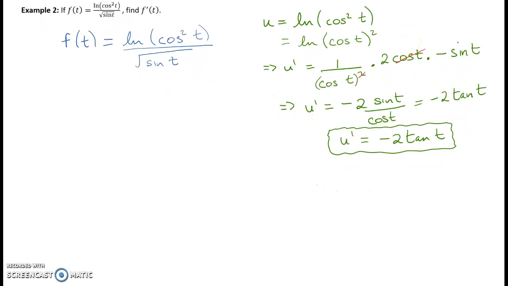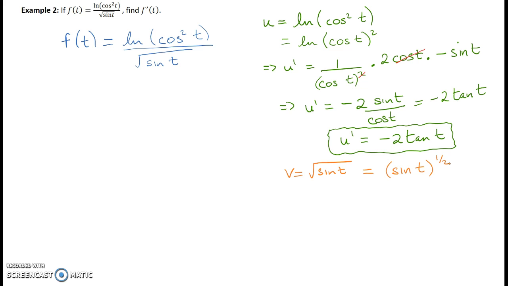Now we want to look at v, and v is the square root of sine t, which we're going to write as sine t to the power of 1/2. We know by now that anytime you have square roots in calculus, we're going to replace the square root with the power of 1/2.